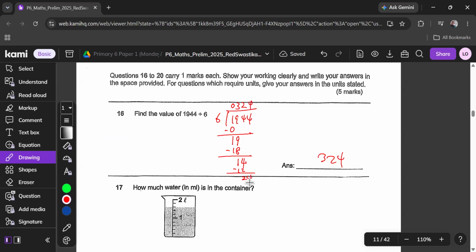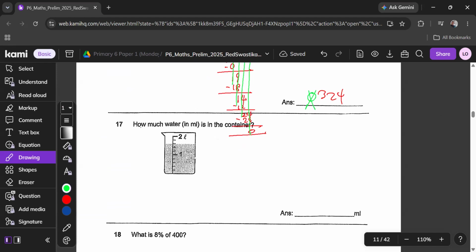And then 4 times 6, 24, minus, remainder 0. So answer 324 and do not put a 0 in front. Whole numbers do not start with 0. And make sure when you divide, your numbers are in one straight column. The P4s, the P3s, they are learning this. They learn that they must put in one straight column. The numbers cannot slant.